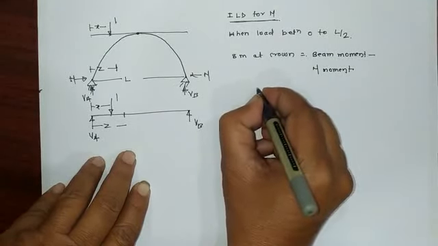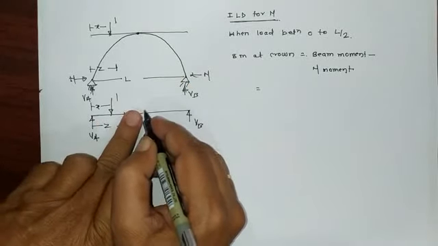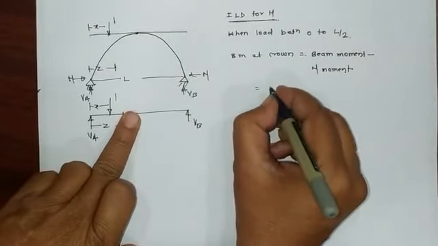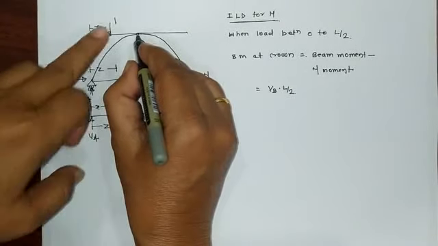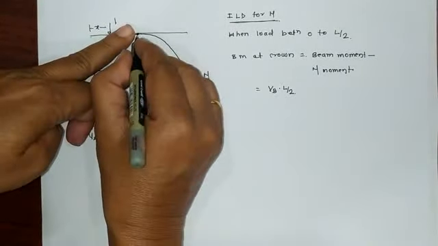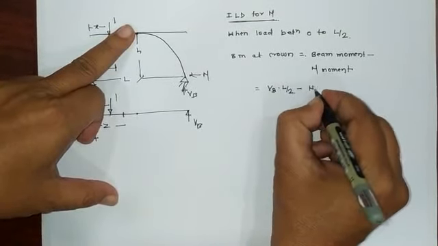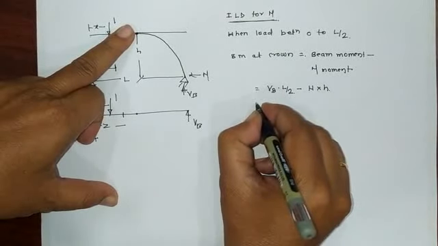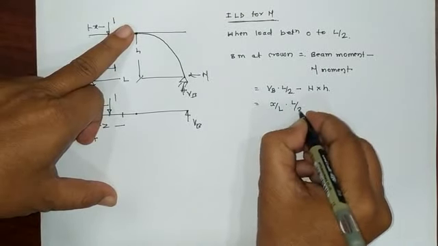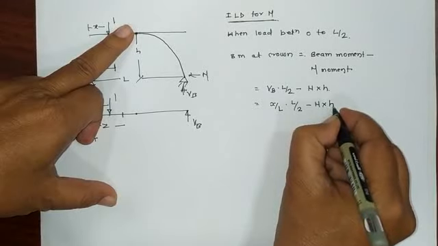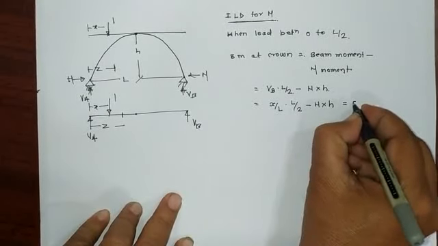So first we write the equation. Beam moment means here, suppose this is our beam. So here the bending moment from the right side is VB into L by 2. And now the H moment is H into this height H. So minus this H into H. We know VB is equal to X by L into L by 2, and we know that the bending moment at the crown, there is a hinge, so that is equal to 0.